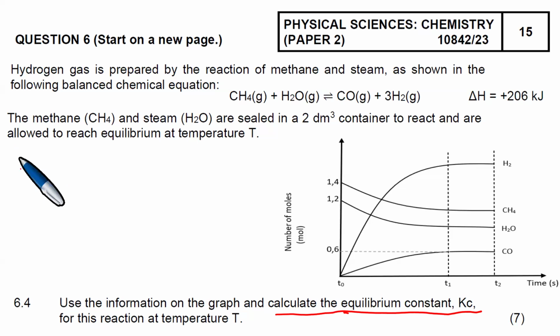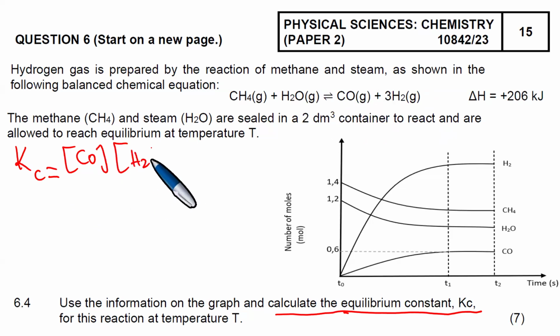The grade 11 and grade 12 learners need to be aware of this, so that in the end, we look at this particular chemical equation and we take the concentrations of the products. Concentration of carbon monoxide gas, concentration of hydrogen gas, you cube it. You divide by the concentration of methane gas multiplied by the concentration of water.